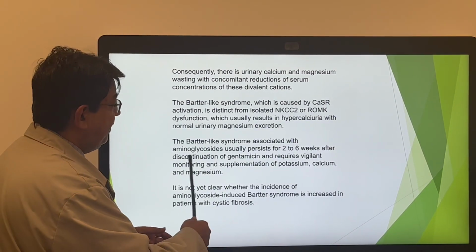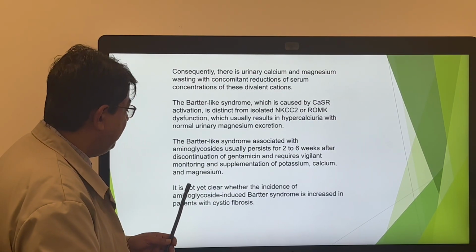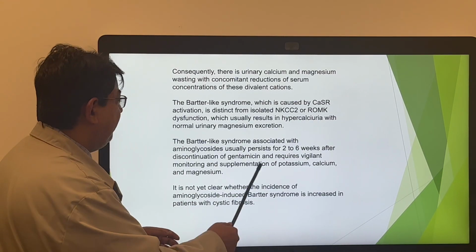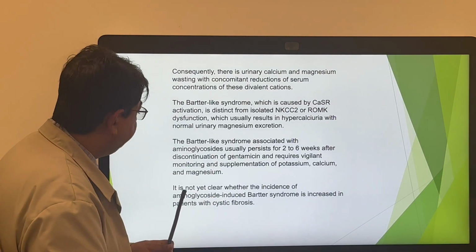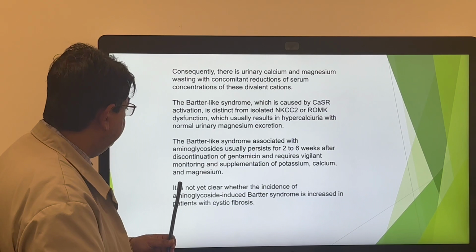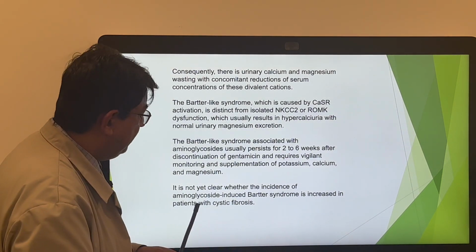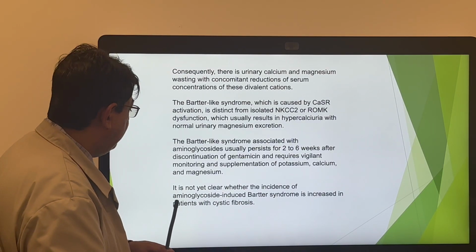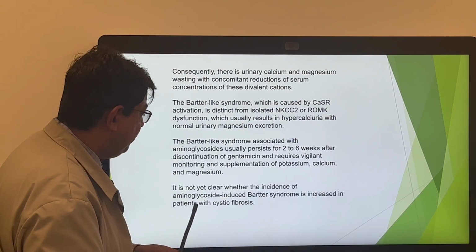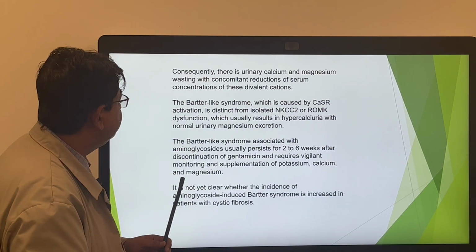During that period, you should monitor vigilantly and supplement potassium, calcium, and magnesium. After 2 to 6 weeks, the Bartter-like syndrome will resolve. They threw in cystic fibrosis in the question because we don't actually know whether aminoglycoside-induced Bartter syndrome is increased in patients with cystic fibrosis. Next slide.